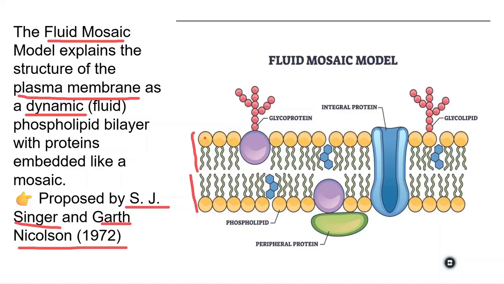Now this layer is made up of phospholipids, and each phospholipid has two parts. Here you can see this is a hydrophilic head, and this is a hydrophobic tail. Now hydrophilic, the meaning of philic is something which loves.